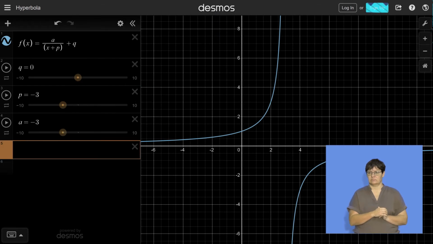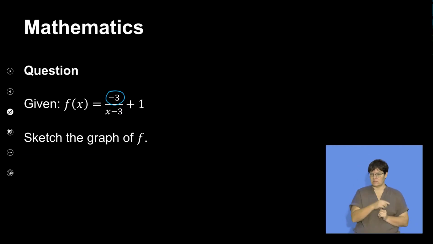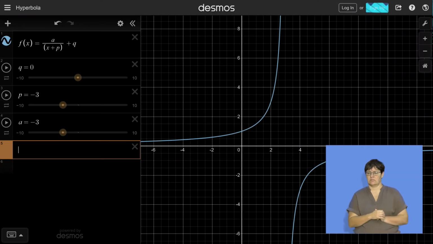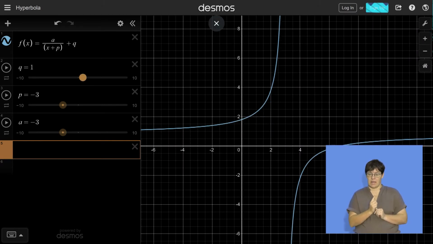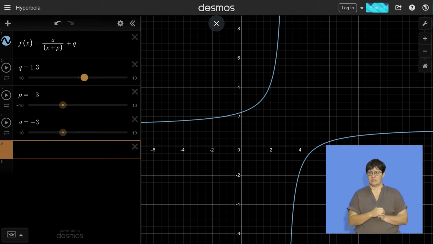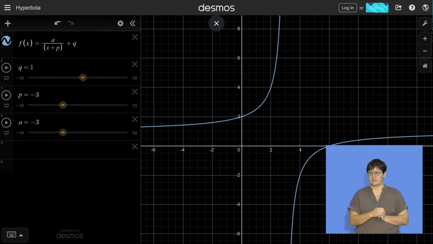And then we also have the value of q, which we quickly need to check as well, which is 1, right? It must be a positive 1, so it means I'm taking it 1 unit up. So that becomes 1 there, and that's what my function will look like. It was the original function, which was at the center, meaning the origin, on either side of the origin.